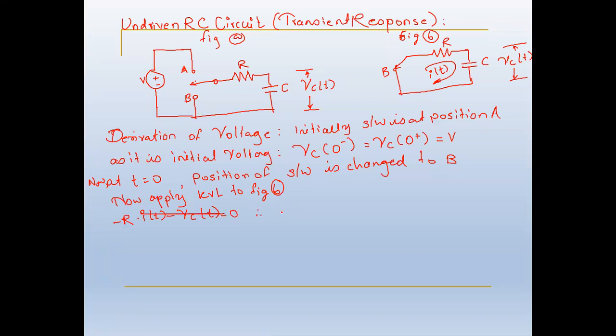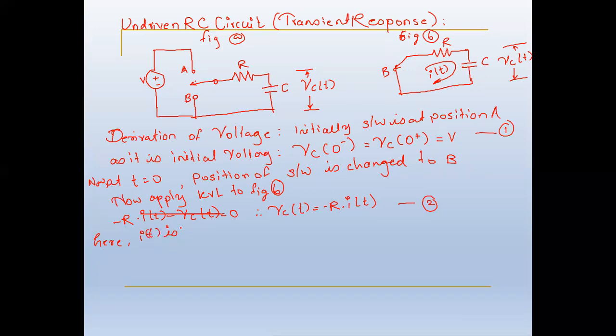Therefore, Vc of t is equal to minus R into I of t. Let us call this one equation number 1 and this one equation number 2.